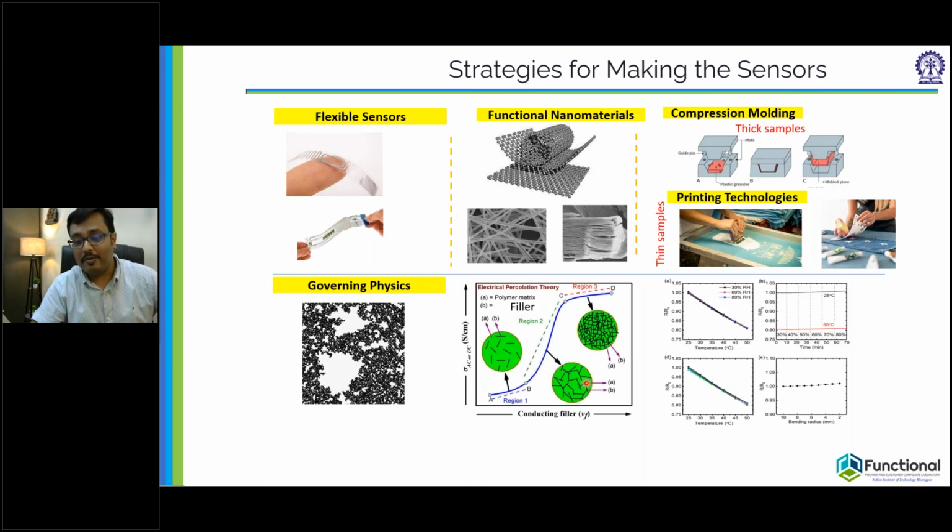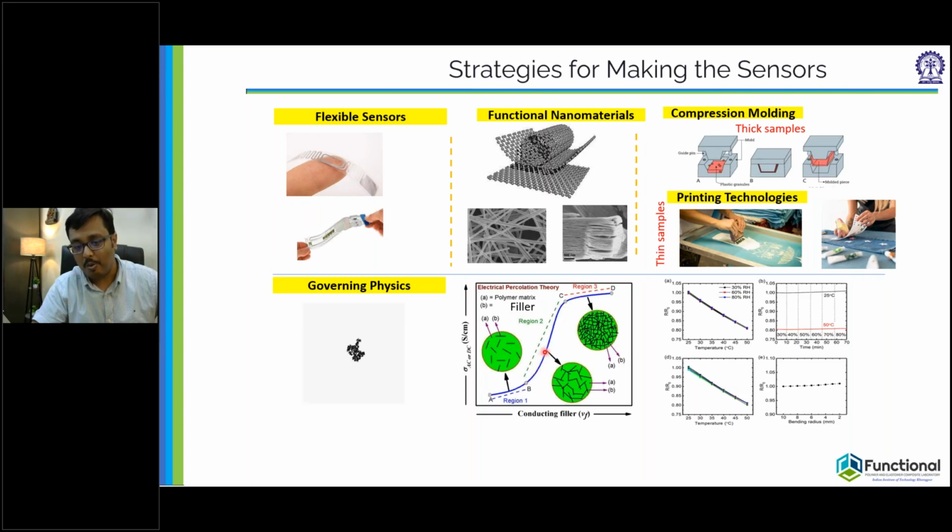Now this is what is known as the percolation point. That means electrons can percolate at this particular point. What you see here is a sudden jump in the electrical conductivity of the rubber composite that you are working on.